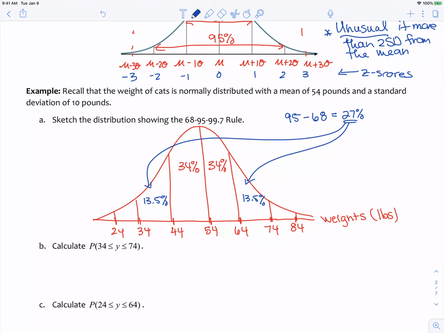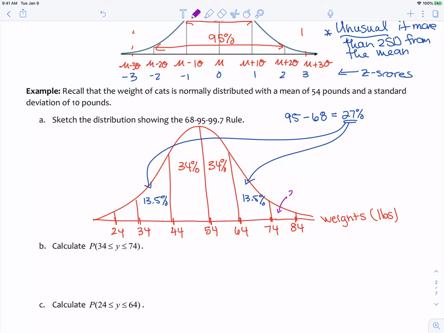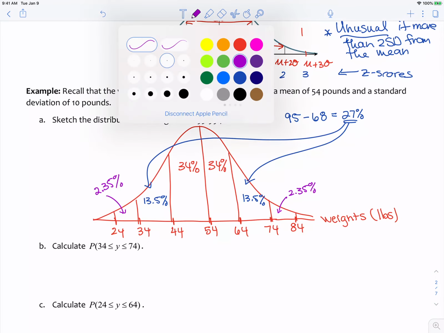And I can do the same thing now for 99.7%. I can take the 99.7 minus 95%. That's going to give me the 2.7. We're going to divide it by 2, and then that's going to give us 2.35% on each side. And then we can look at the final one.